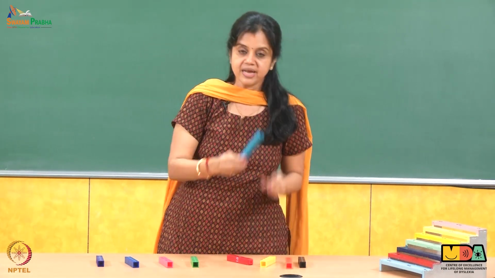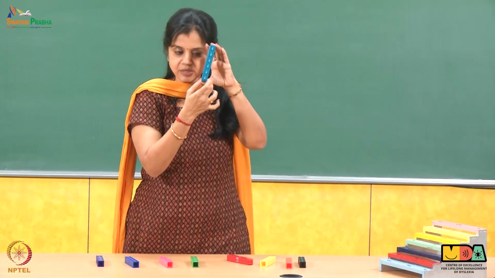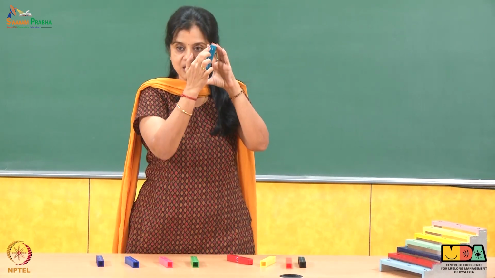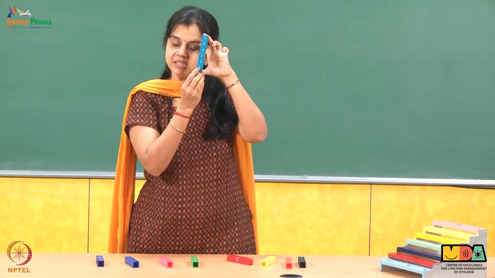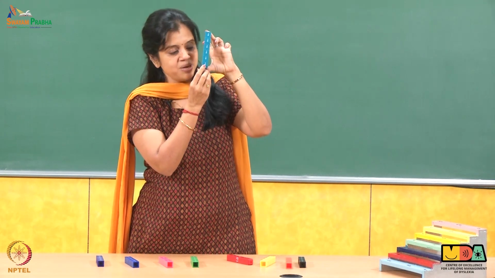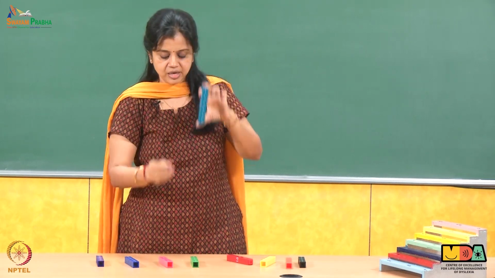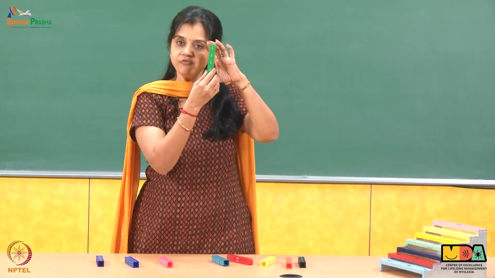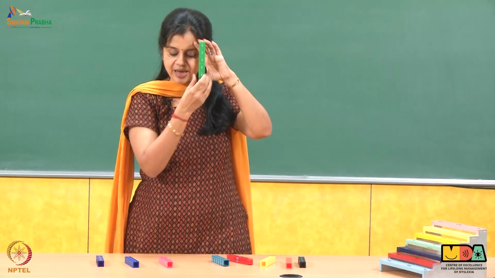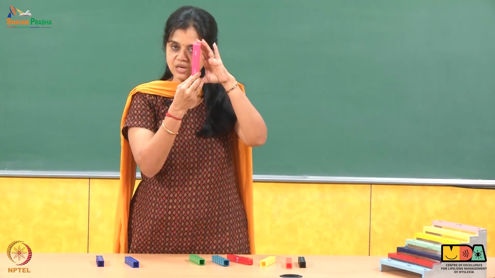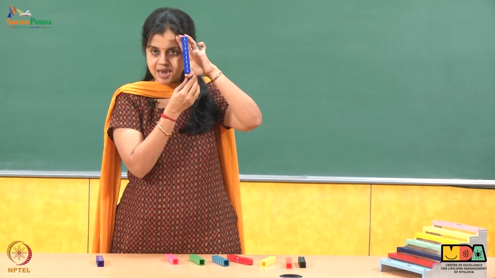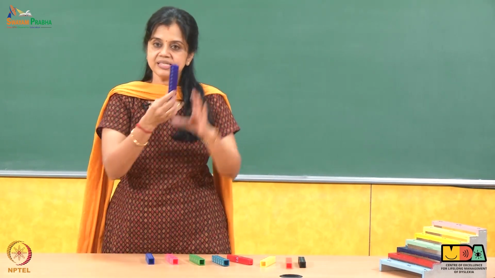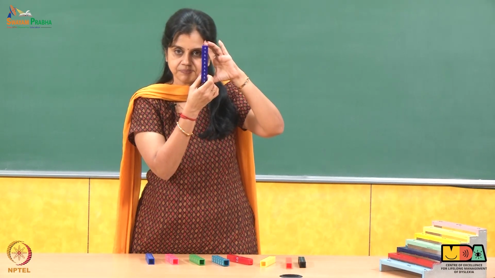The next one is where the whole part is divided into 6 equal parts, each representing a fraction. It is written as 1/6 and you will be able to see it on the block. Same way, we have this representing 1/5, this representing 1/2, this representing 1/8 and this representing 1/10.